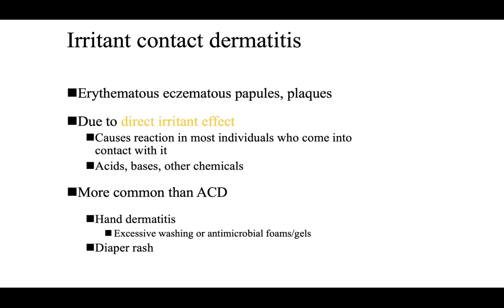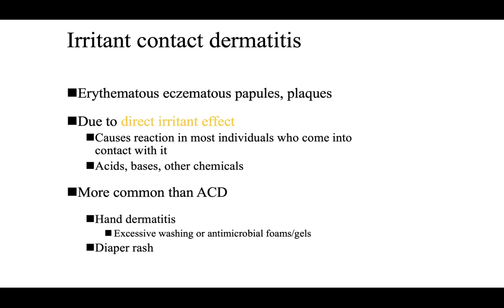Moving on to irritant contact dermatitis. So this is due to a direct irritant effect that causes erythematous, eczematous papules and plaques. It causes the reaction in most individuals who come into contact with it. So you don't have some underlying allergic predisposition here.